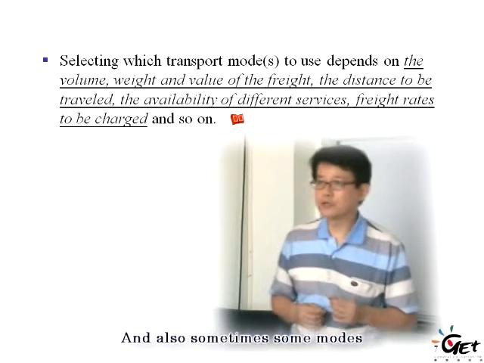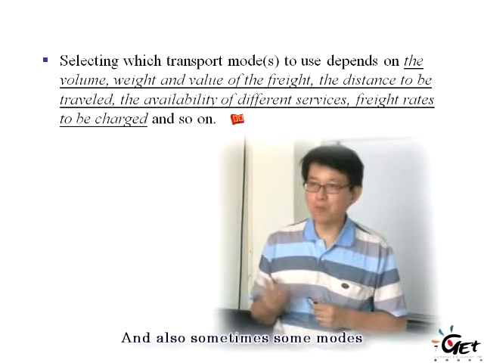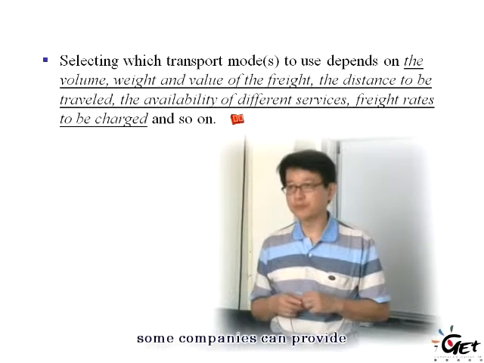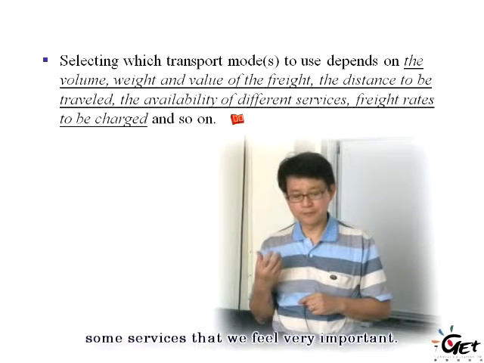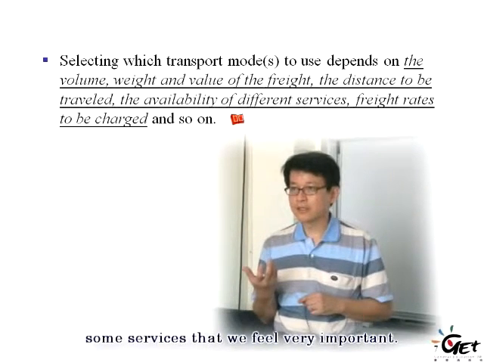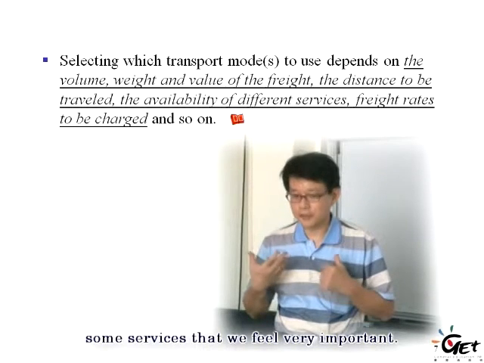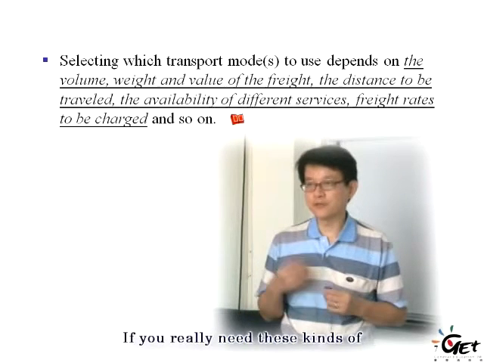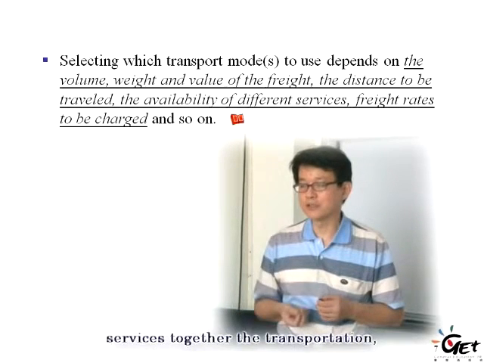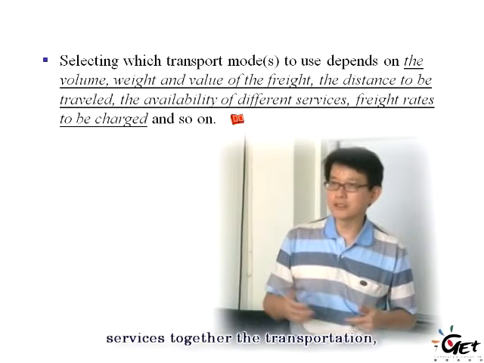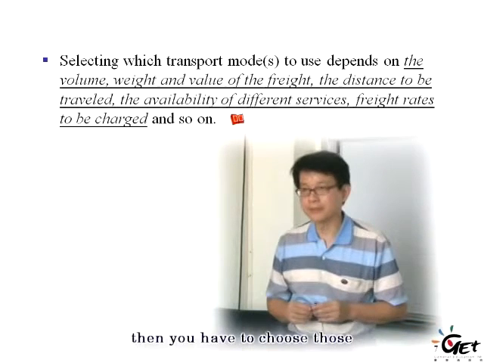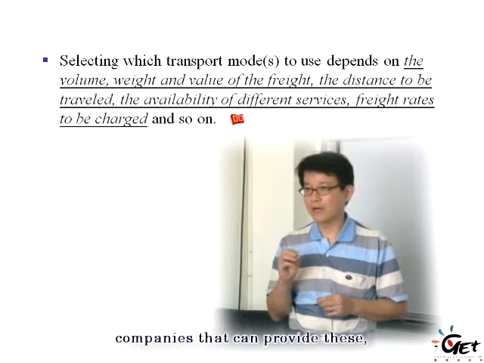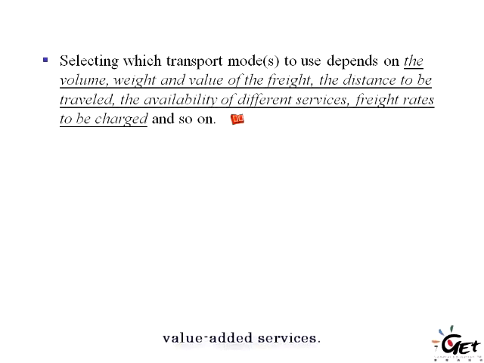And also, sometimes some modes or some companies can provide some services that we feel are very important, but some don't. If you really need these kinds of services together with the transportation, then you have to choose those companies that can provide these value-added services.